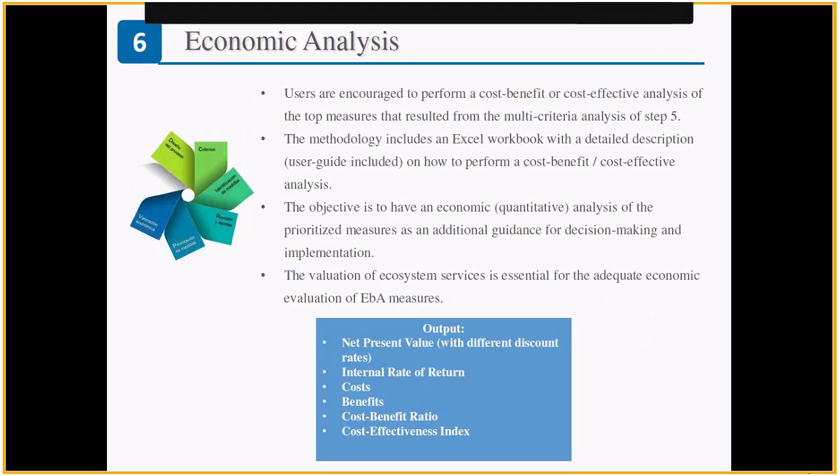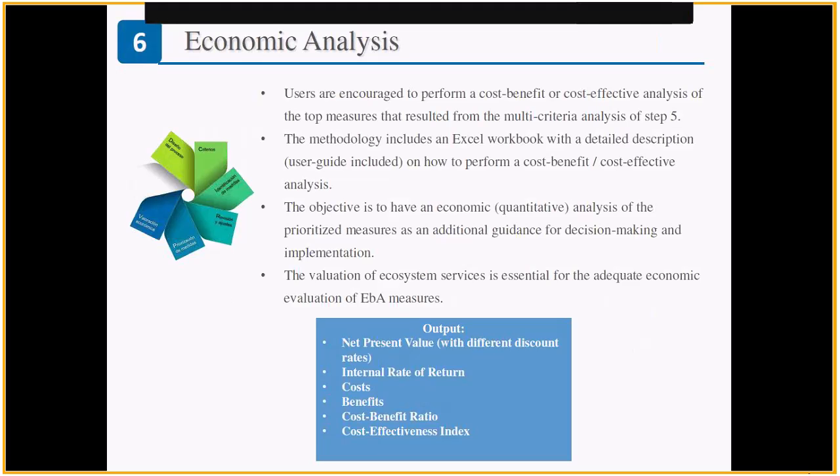Then you get to step 5, and with the multi-criteria analysis you rank the 30 measures, and you get to the 10 most important measures, ranked with qualification and certain scores. Once you have those 10, you can then go to the next step, that is the economic analysis.